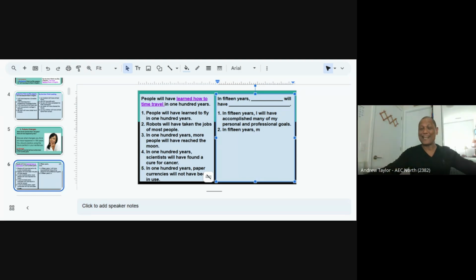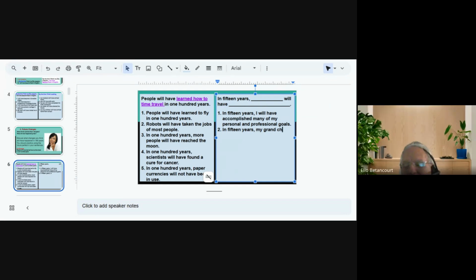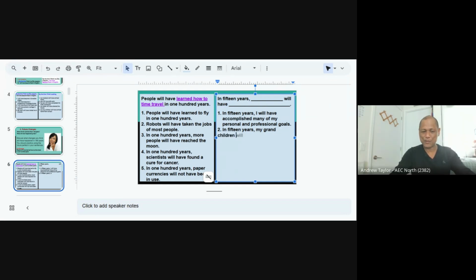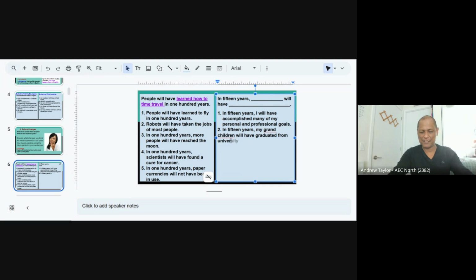It's very real. In 15 years, my grandchildren will have graduated from university.